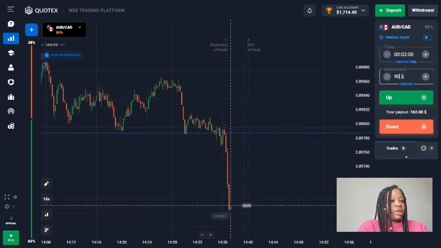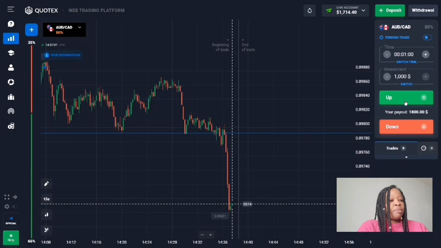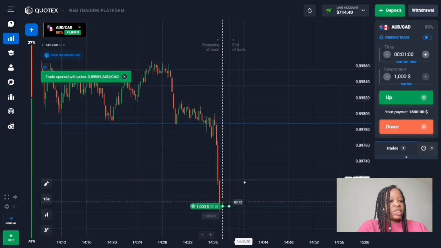So here I'll enter the market with an up trade for 1 minute, because after one way movement there must be a retracement happening. So let me wait for the results of this trade and see.